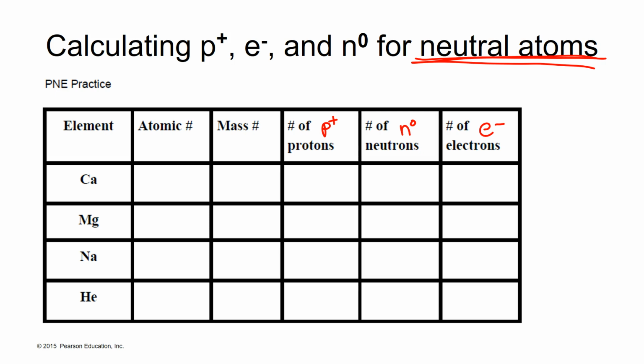Not 0. They're always going to be equal amounts, right? So if I have 1 proton, I'll have to have 1 electron. If I have 20 protons, that means I have to have 20 electrons. All right. So using your periodic table, what is the atomic number of the element with the symbol Ca?